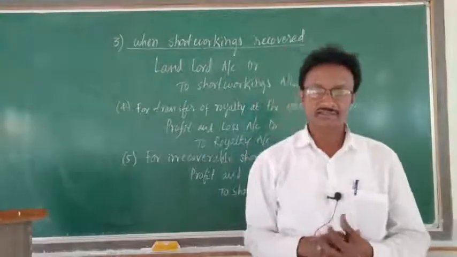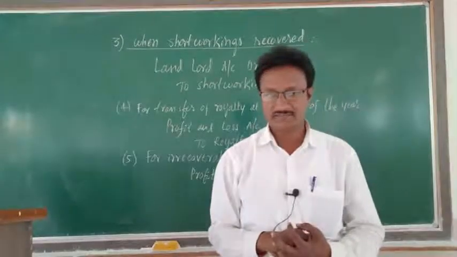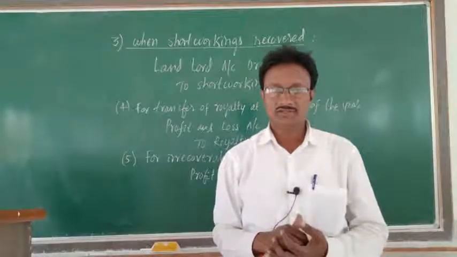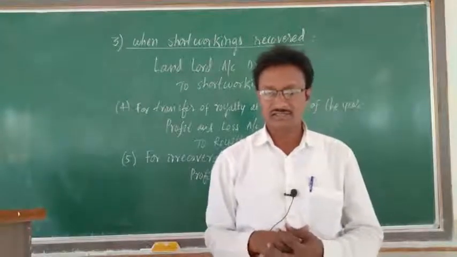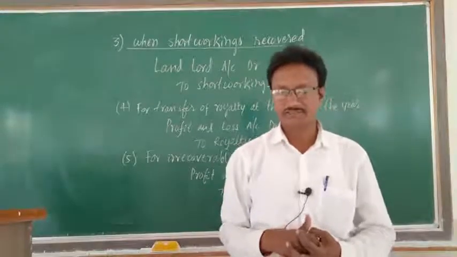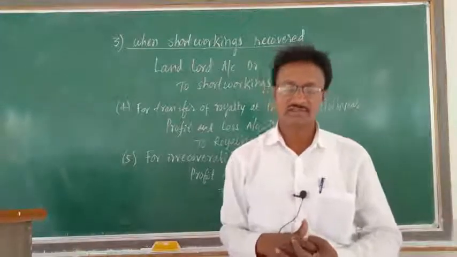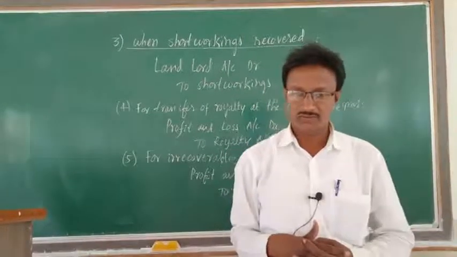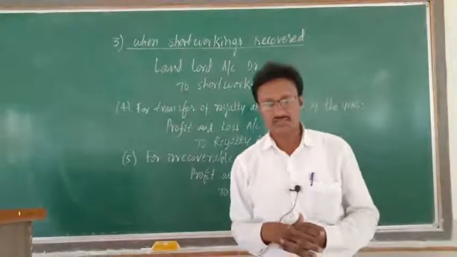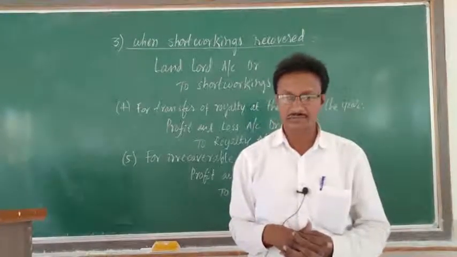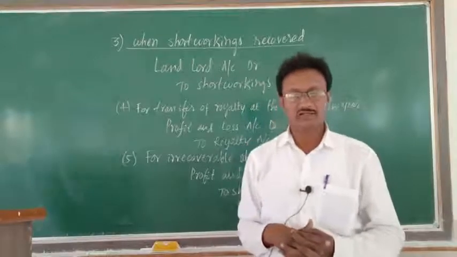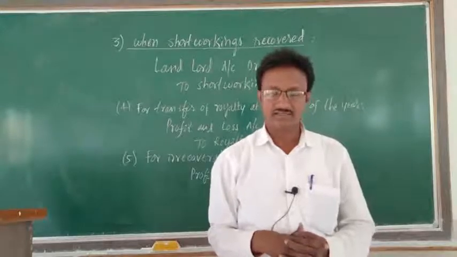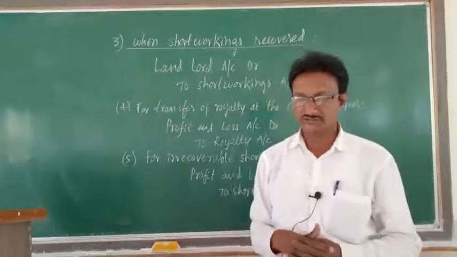As in the initial years the sales or production is less, the tenant is allowed a certain period within which the deficit amount or short workings have to be recovered. So, when short workings are not recovered within the given period, it is finally a loss to the tenant, and it is transferred to profit and loss account.